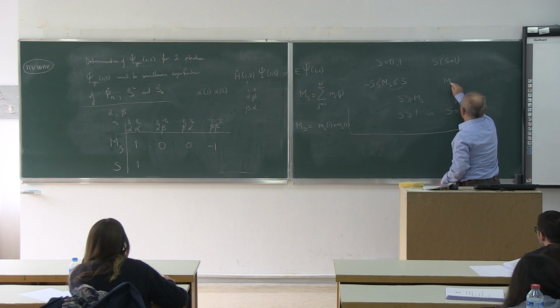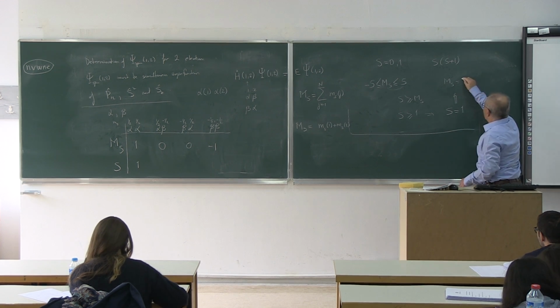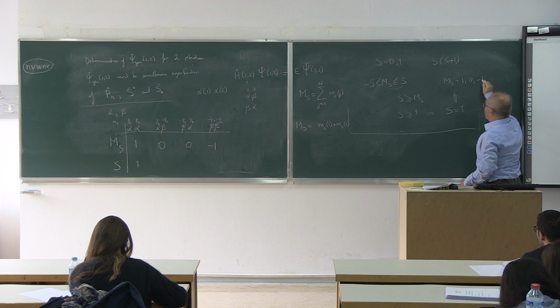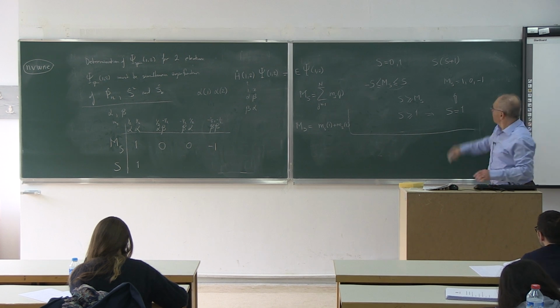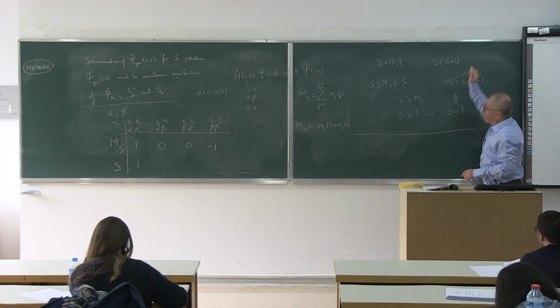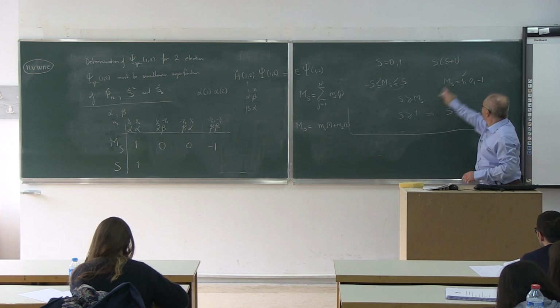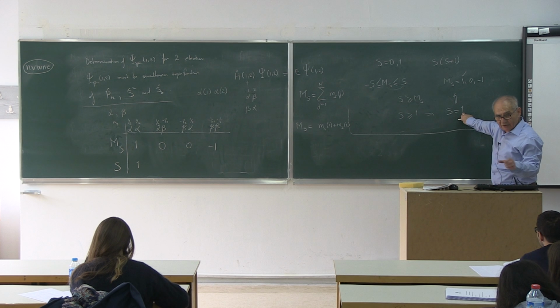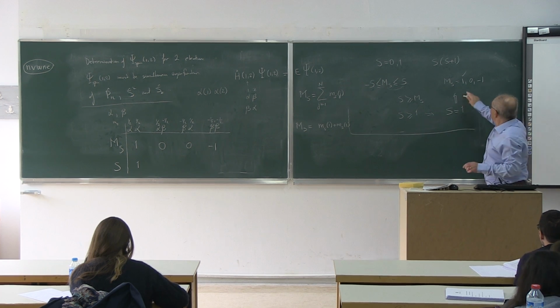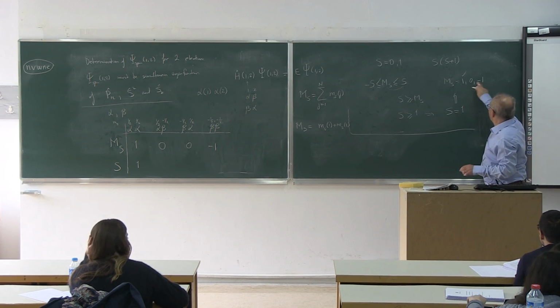There must also be MS values 1, 0, and minus 1. The plus 1 we have already dealt with. From this value, we concluded that S has to be 1, largest S. There must be MS equals 0 and also minus 1.